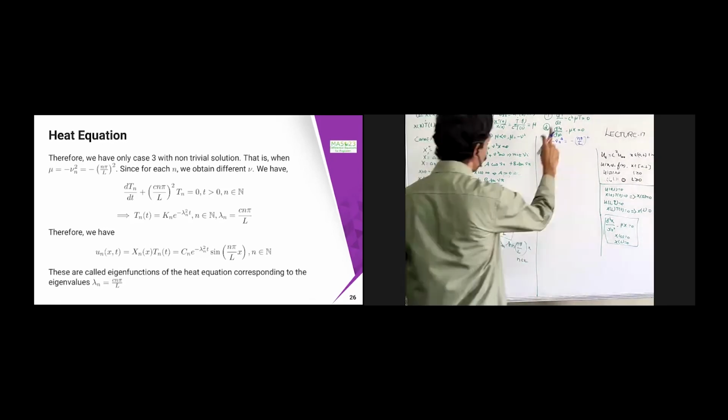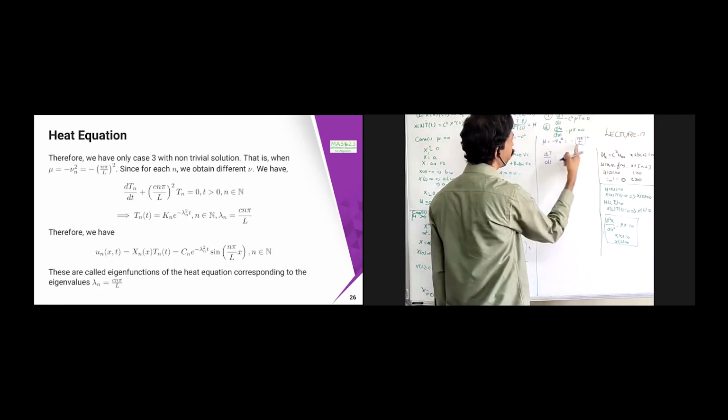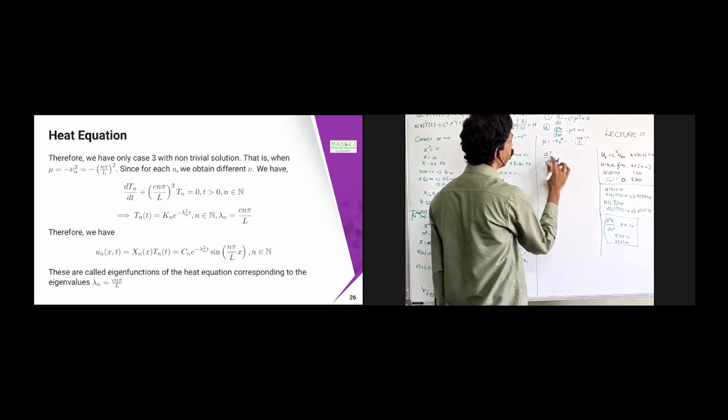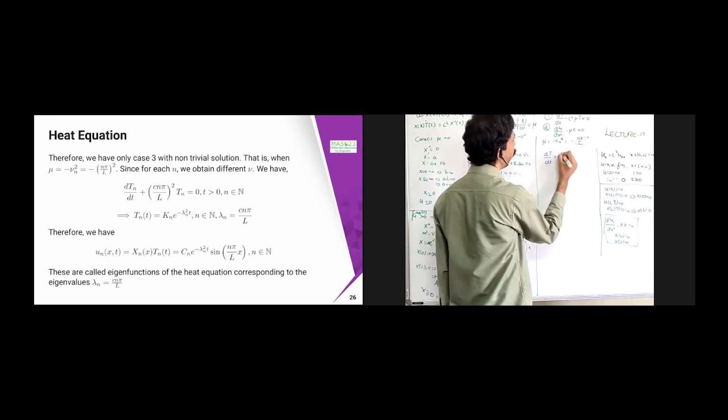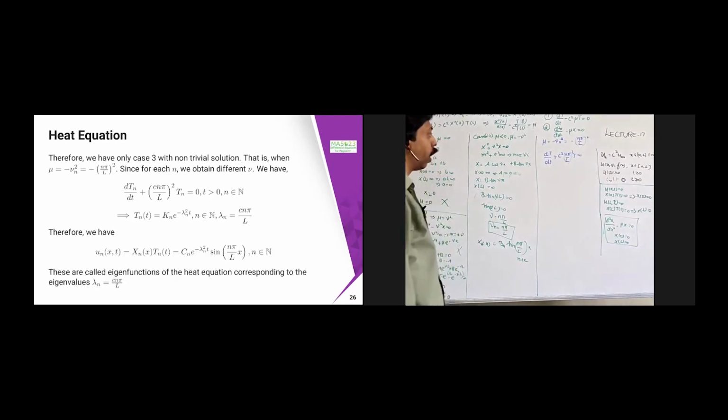If I substitute it over here, this becomes dT/dt equal to c squared into mu, and mu is minus (n pi / L) squared. Therefore dT/dt plus c squared (n pi / L) squared T equals 0. This is once again a simple one-dimensional first order linear ODE.